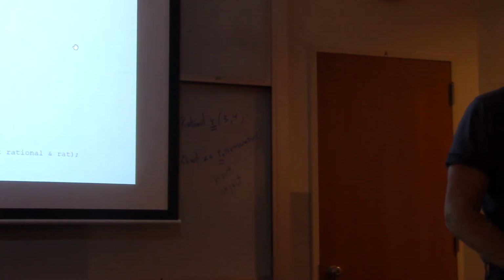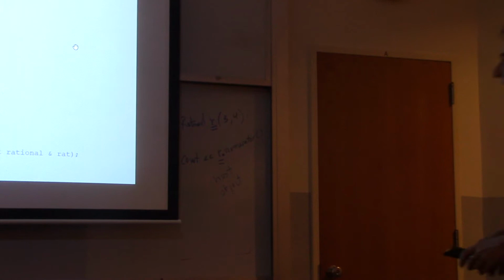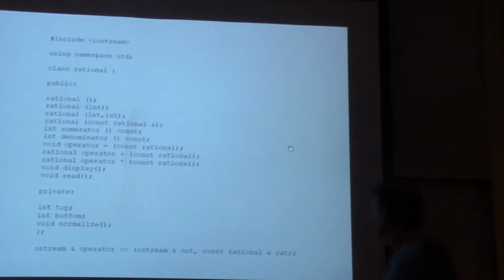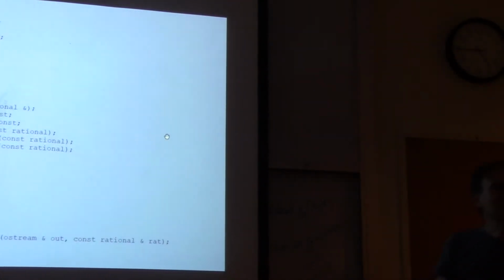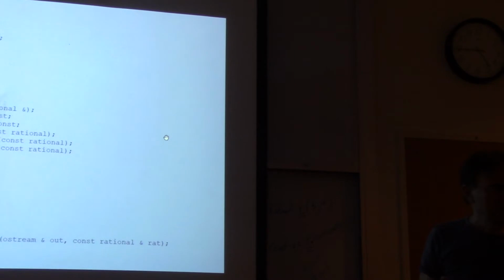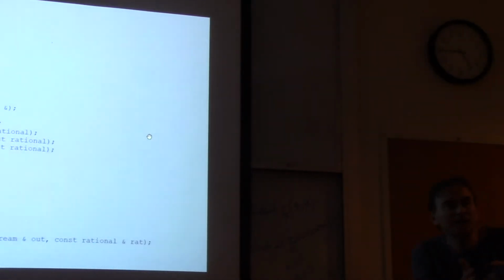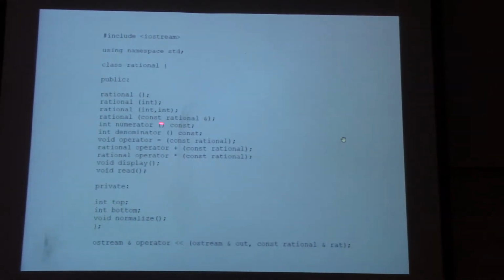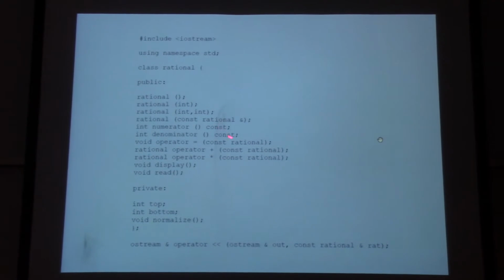They cannot change. If I didn't have the keyword const, it doesn't mean that the top and the bottom would change, but it doesn't mean that it couldn't change. So the method could have side effects and modify the actual properties. This simply says that you may not, in the code of this method, modify the host object.